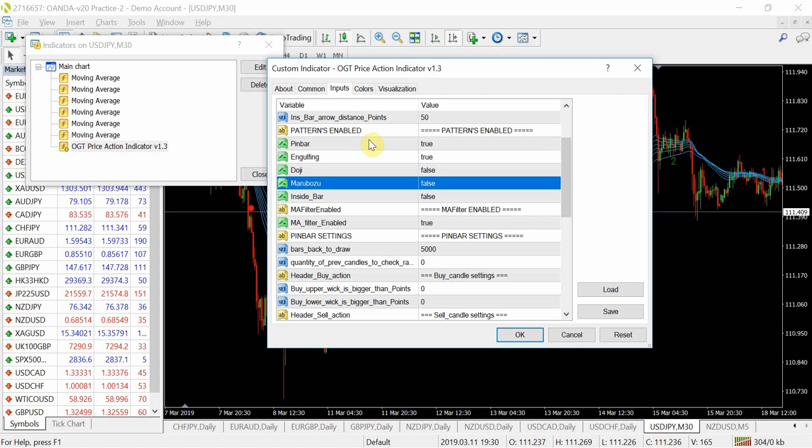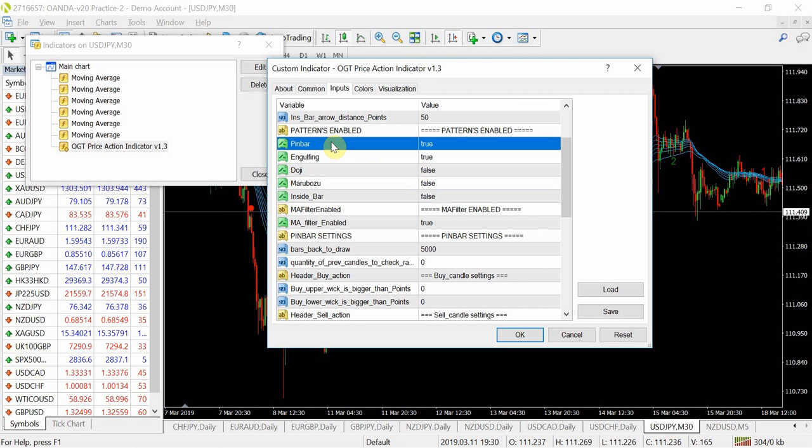So if we're in a downtrend, it will only show down or sell signal pin bars, engulfing and marubozu, and if we're in an uptrend and you've selected this, it will only show long pin bar, engulfing, marubozu signals.